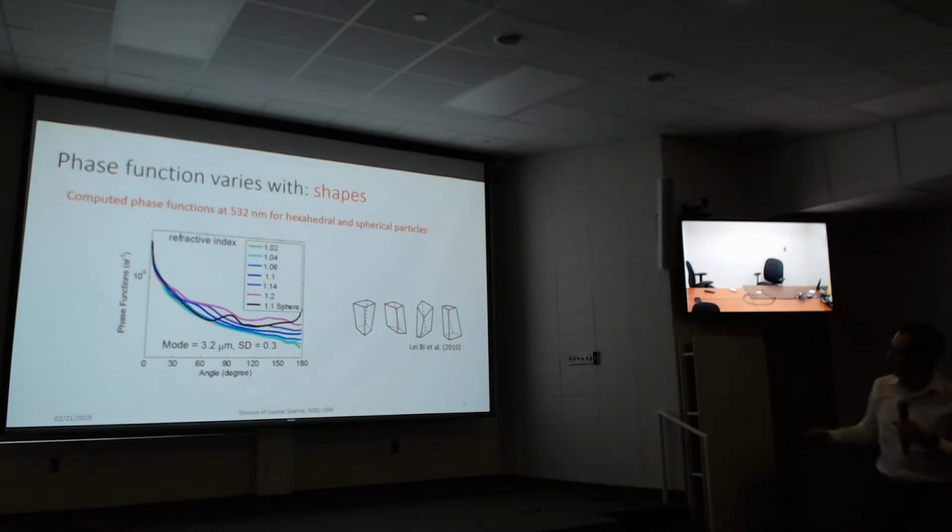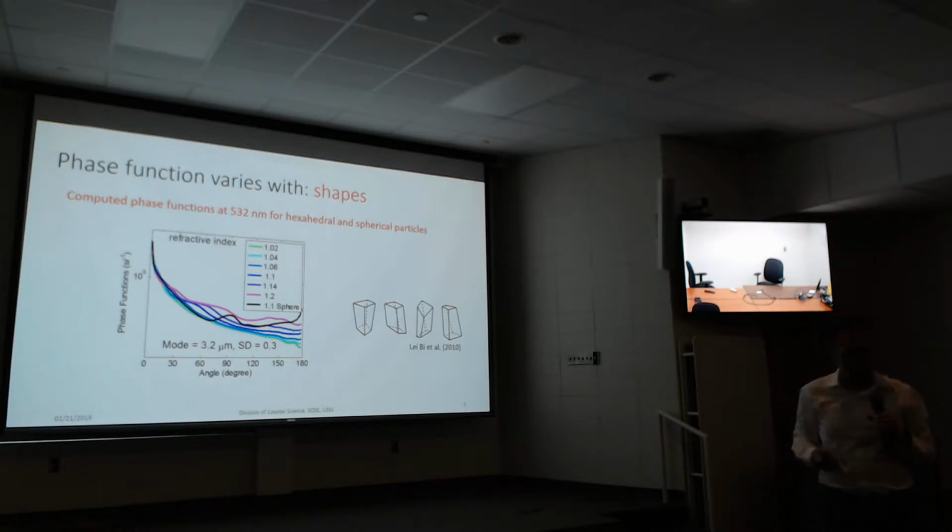If you look at the black line versus this blue line, they all have the same refractive index, and the only difference is the shape. You can tell they are quite different. So this angular distribution also varies with the shape.